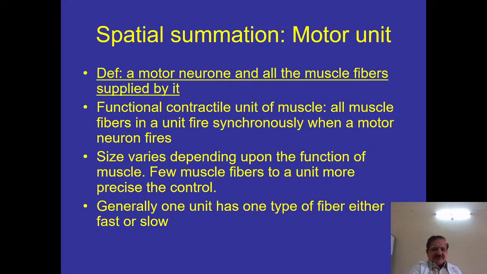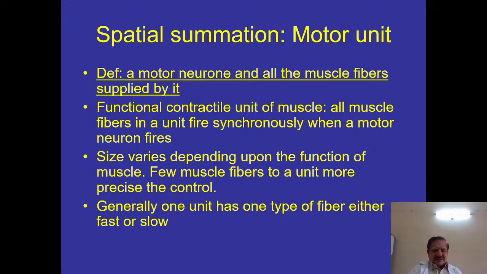Spatial summation and motor unit. A motor neuron and the muscle fibers supplied by it. As we know, the motor neurons come from the spinal cord, from the ventral horn, as type 1 alpha, and they come to the muscles and stimulate them.